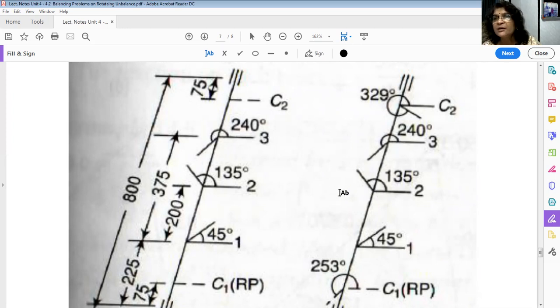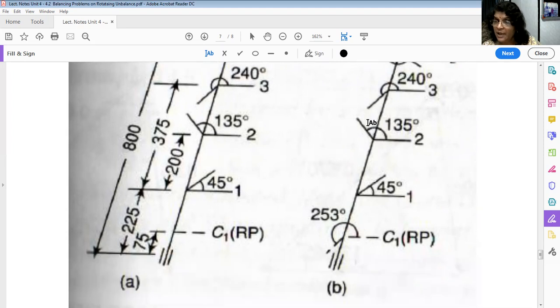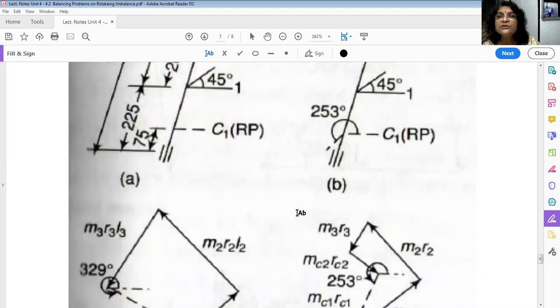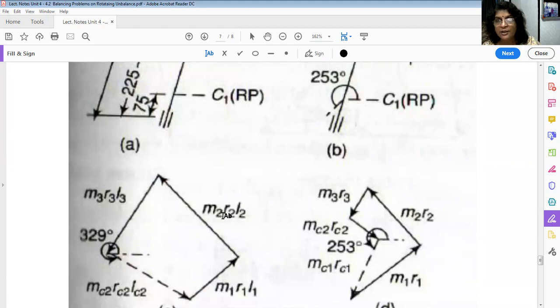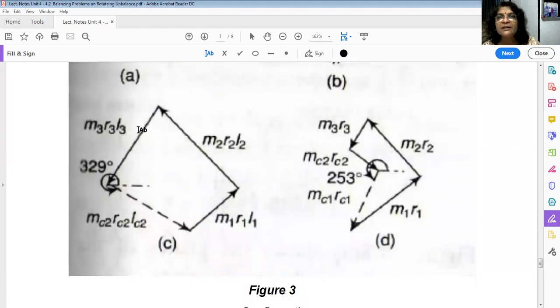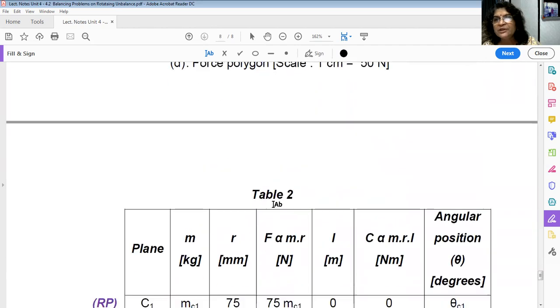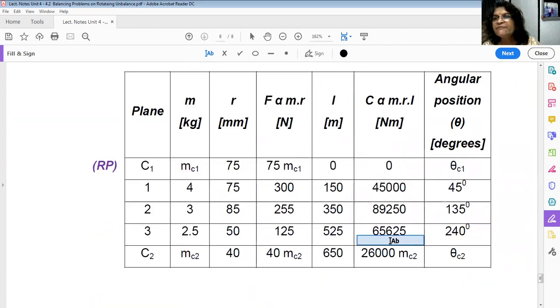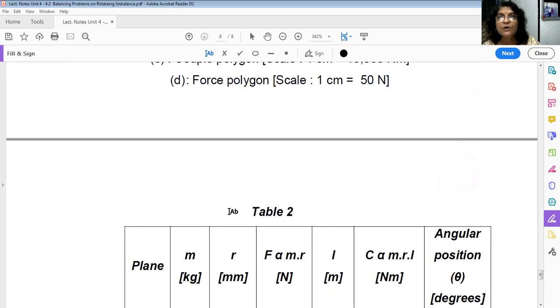Here you can draw the angles, and using your roller and draw, you can draw this vector. Now we have to draw this vector. Let us see what is the magnitude of M3, R3, L3. 65,625 divided by 10,000 will give you 6.56 centimeter. What is the angle? 240, always measured from the positive x-axis. So now we are here.